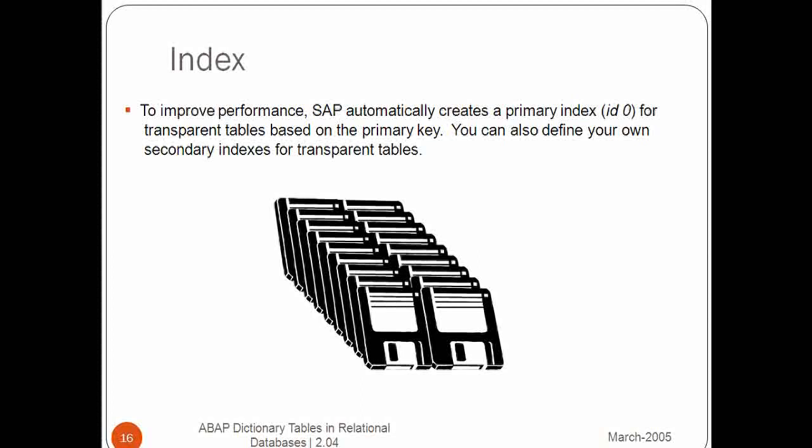Suppose I want to find the address of a particular person. How will you find that address? You cannot jump into the table and search through all the lakhs of records. There should be some way through which you can find the person's detail.